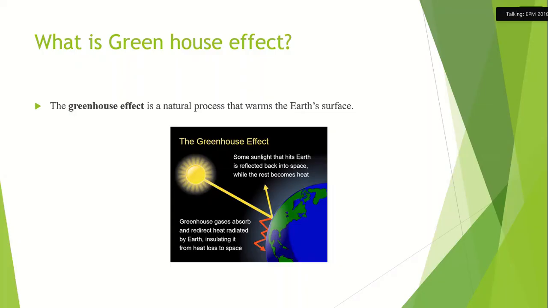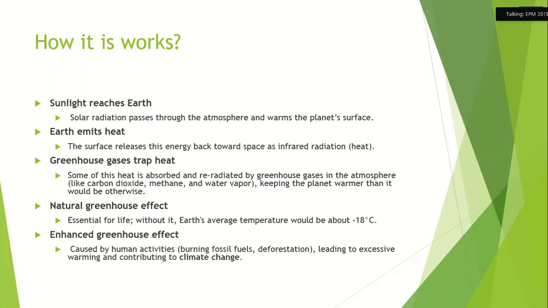The greenhouse effect is a natural process that warms the Earth's surface. How does it work? First, sunlight reaches Earth and Earth emits heat. Then greenhouse gases trap that heat and the natural greenhouse effect continues. Human activities enhance the greenhouse effect.